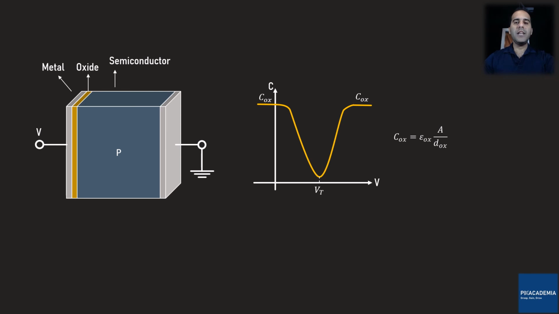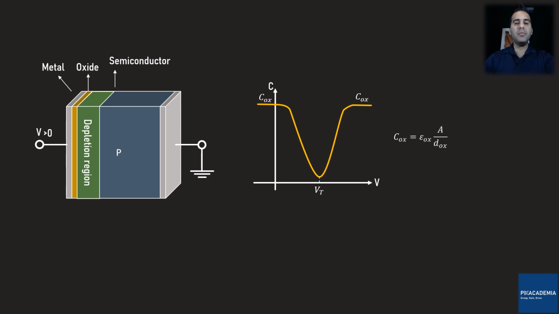We need to investigate why the capacitance reduces when the voltage is increasing from 0 to VT, the threshold voltage. From what I discussed earlier in this lecture, we already know that by applying a positive voltage, a depletion region can form. The larger the positive voltage, the deeper the depletion region becomes.